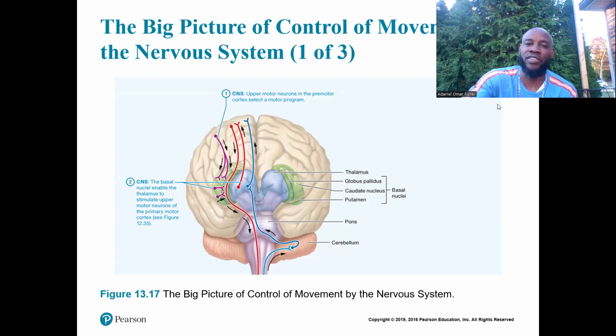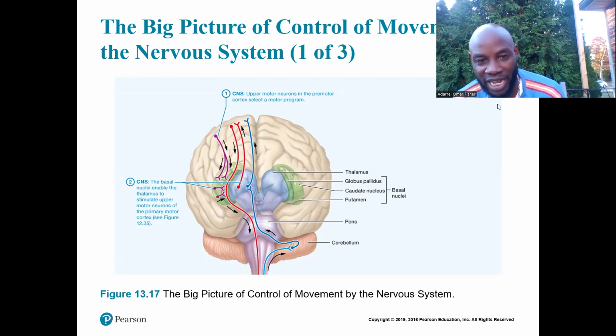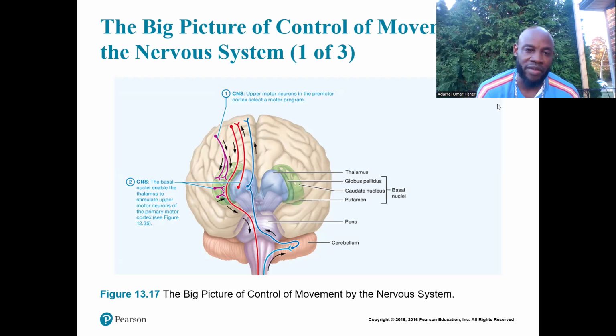We see here we have the upper motor neurons in the premotor cortex, right? Cortex surface. We have a motor program that is at play. So those upper motor neurons. Then we have the basal nuclei enable the thalamus to stimulate upper motor neurons of the primary motor cortex, right?